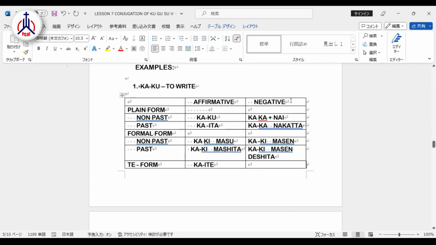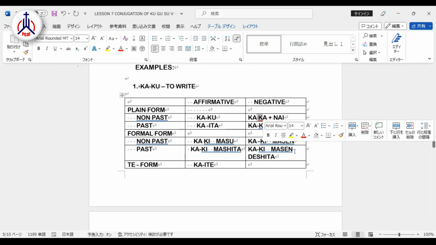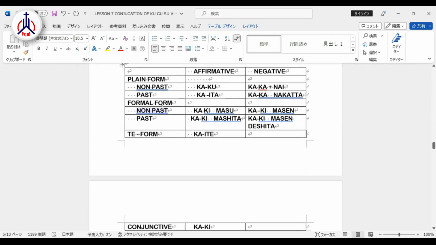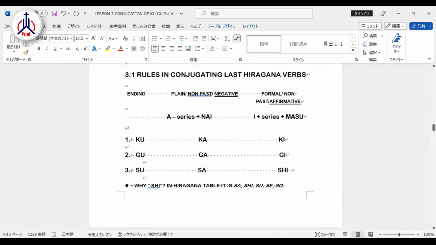And then the same in the past, kakanakatta. You just change the ku to ka and then add nai. And then in the formal non-past, the ka will change to the I series, plus masu.